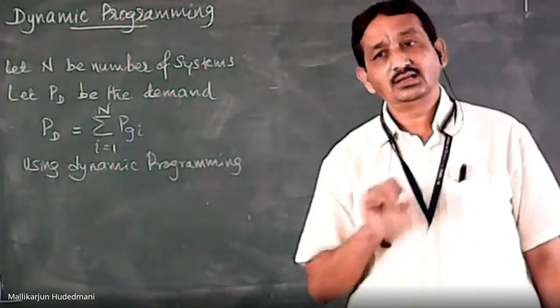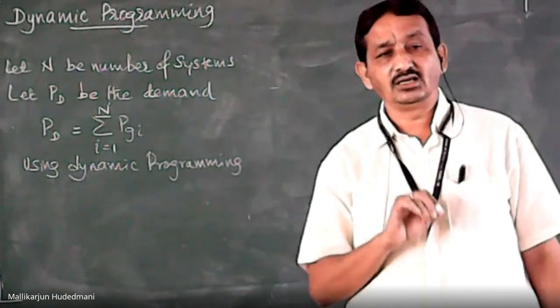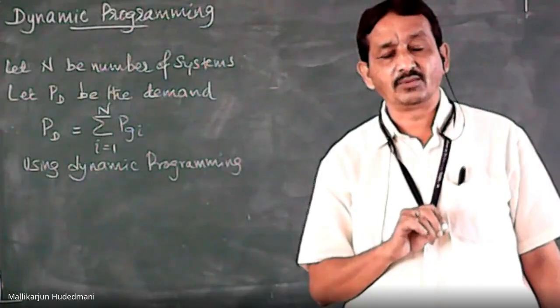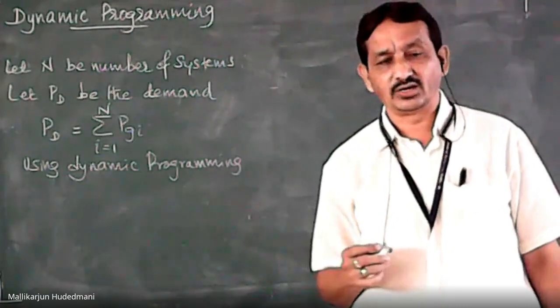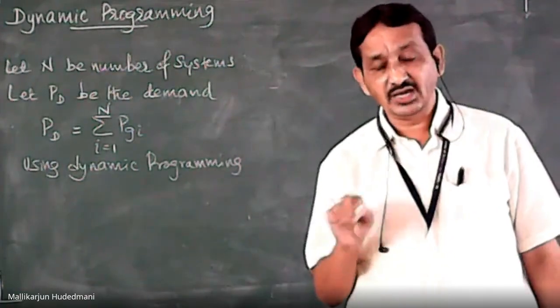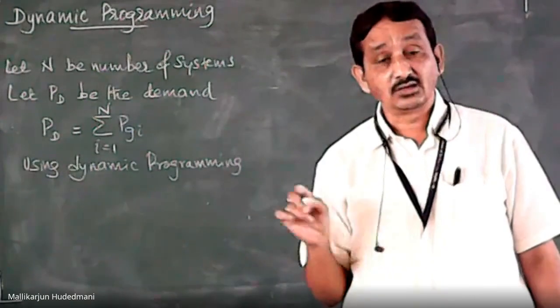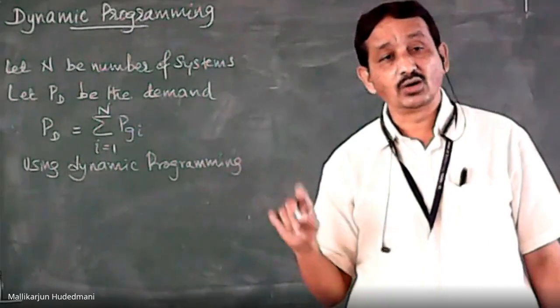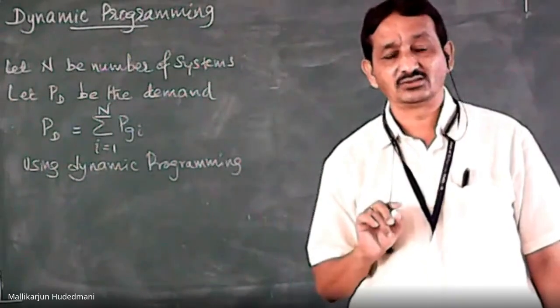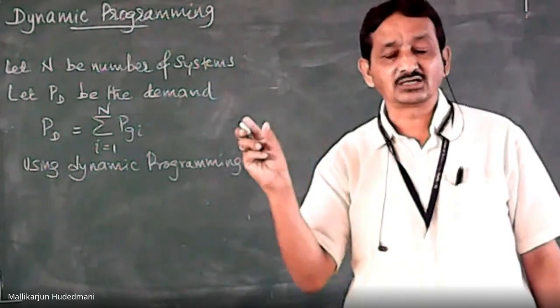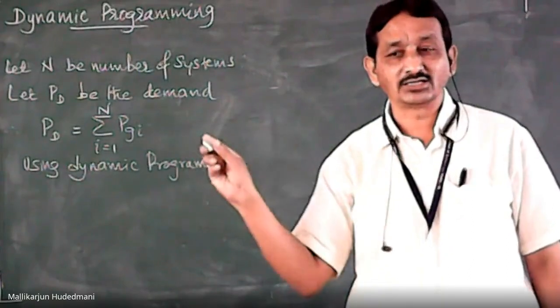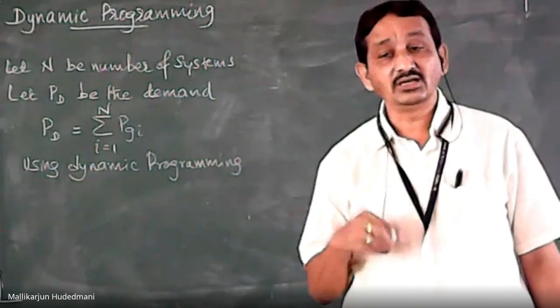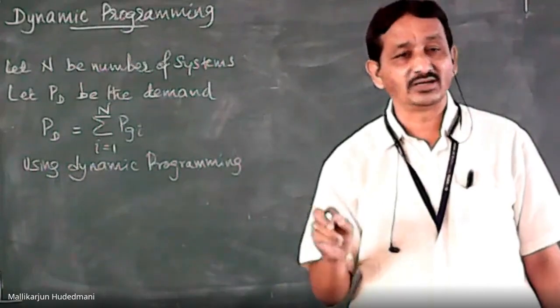Then let us say Pn is the megawatt I obtain from that, like a Pgn what I would call here. Then Pn plus the sum of production from the remaining machines, 1 to n minus 1 machines. Out of the n, if I take out the last machine as my first decision, the remaining machines in the string are n minus 1.